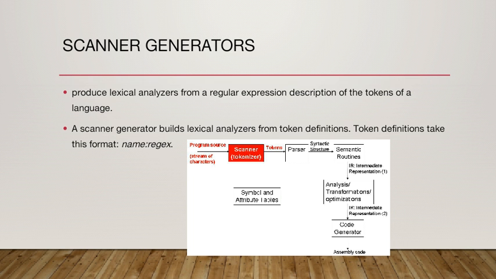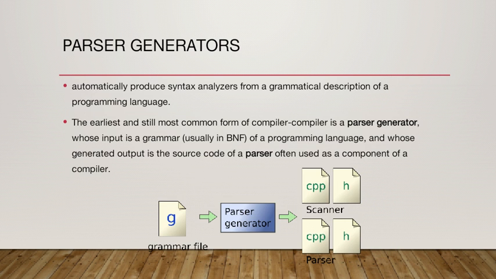So, scanner generators are located right after we input a program source to the compiler, after which the scanner comes the parser. Parser generators automatically produce syntax analyzers from a grammatical description of a programming language.